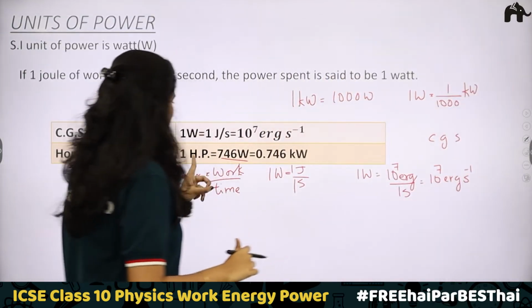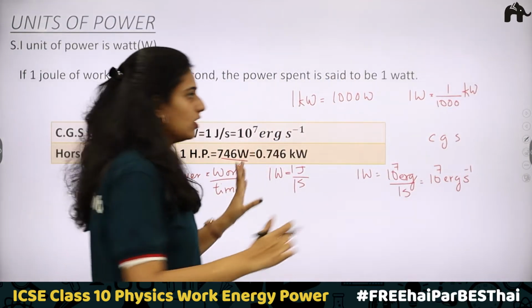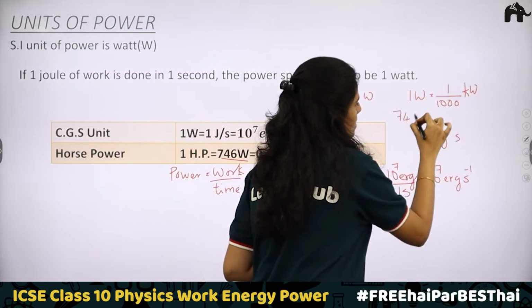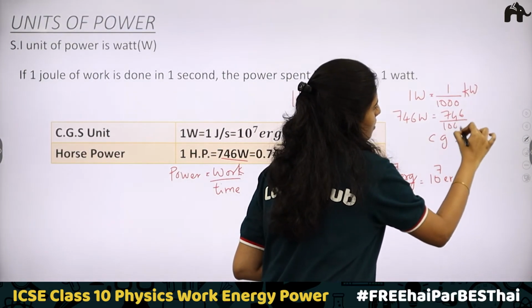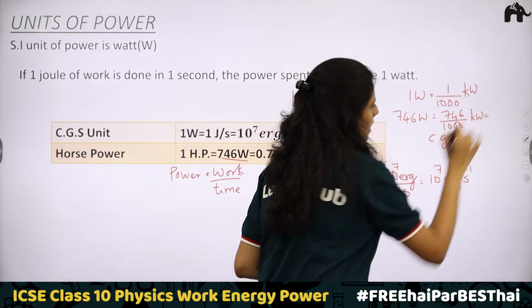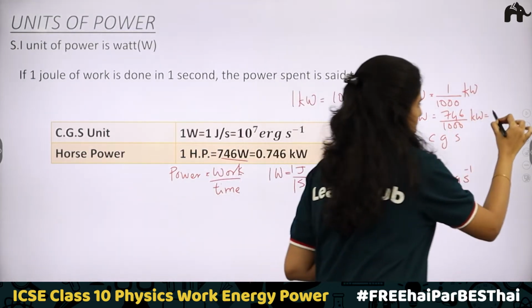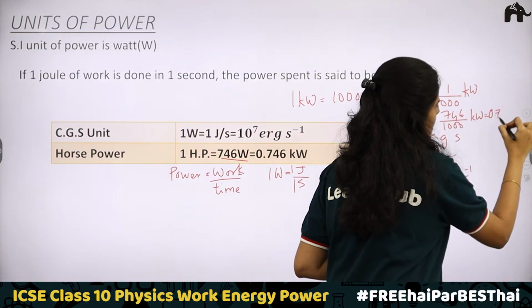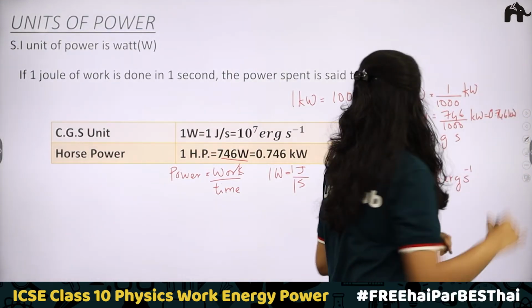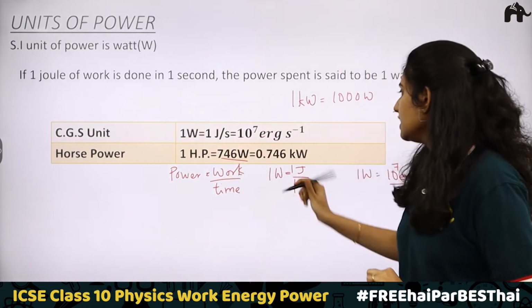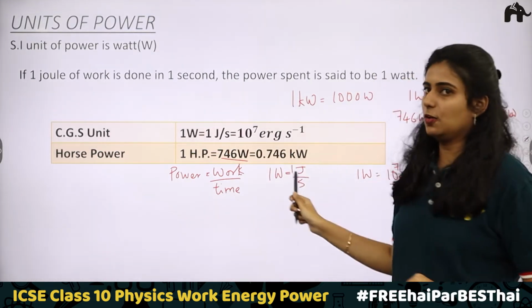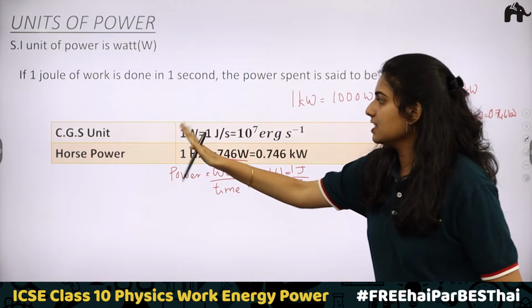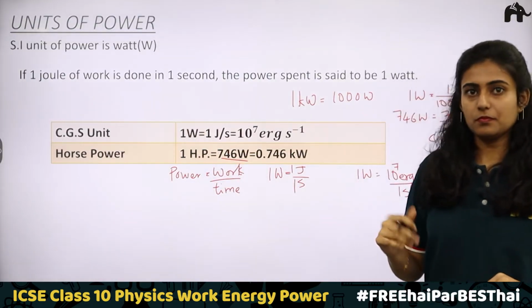So 746 watts is 746 divided by 1000 kilowatt, which in decimals is 0.746 kilowatt. Therefore, 1 horsepower is 746 watts or 0.746 kilowatts. Got it? We have discussed the CGS unit and horsepower.